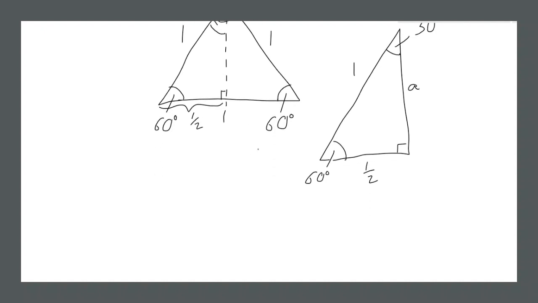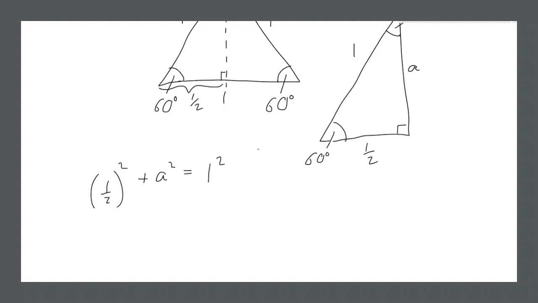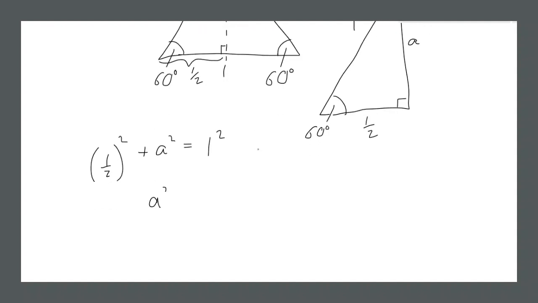By Pythagorean theorem, 1 over 2 squared plus a squared should equal 1 squared. So we'll rearrange that. A squared equals 1 squared minus 1 over 2 squared, which equals 1 minus a quarter, which equals 3/4.